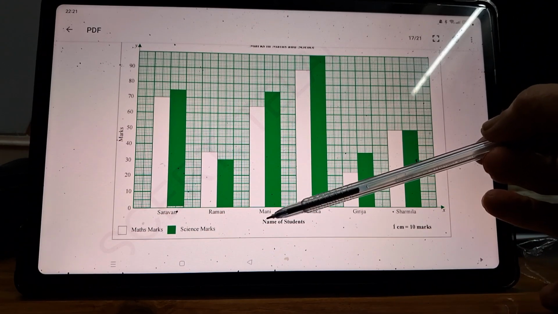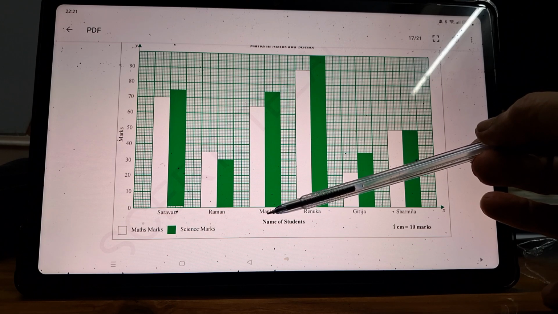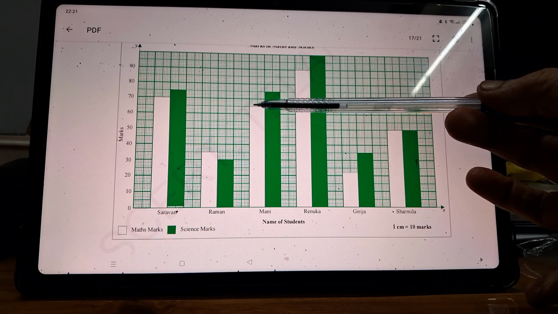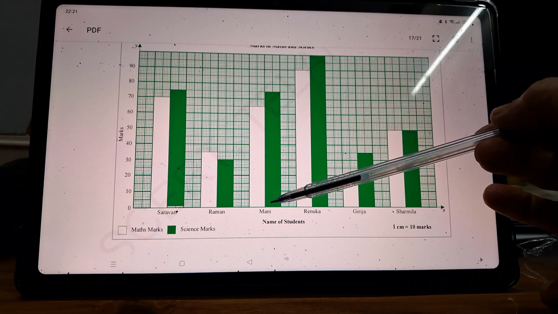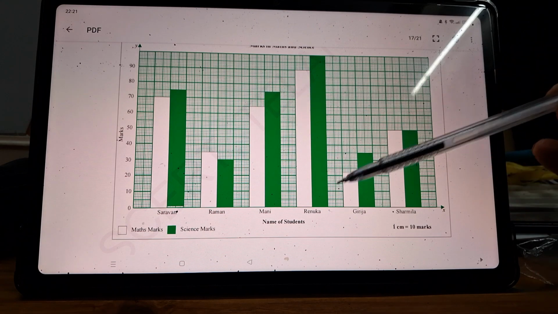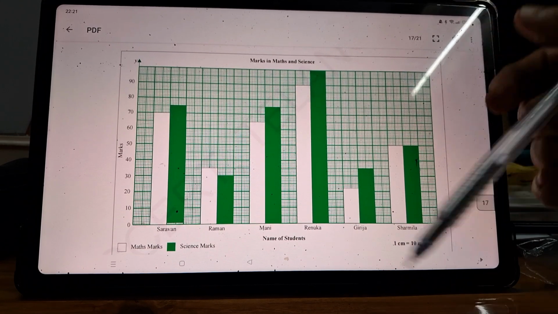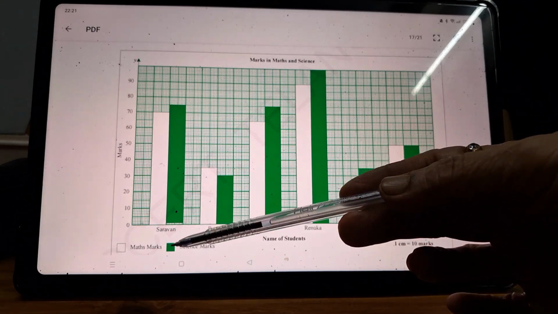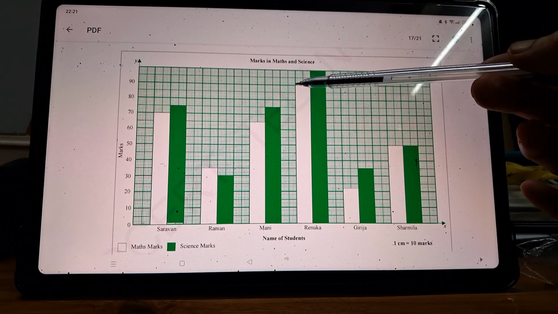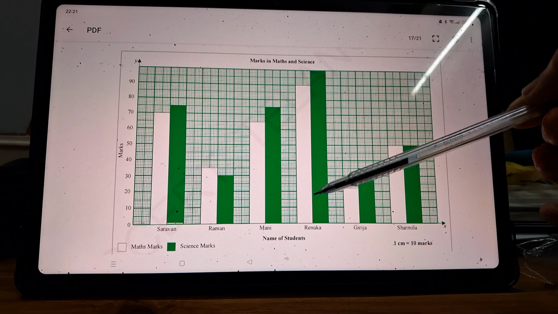Mani has got 65 in maths and 70 in science, and Renuka got 90 in maths and 100 in science.